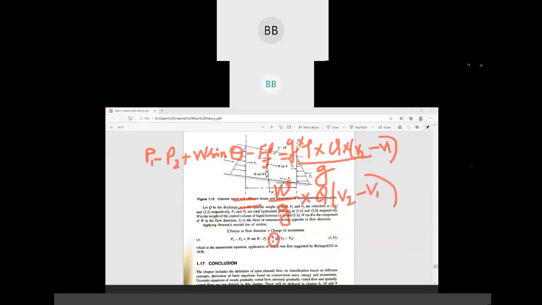So this is your momentum equation: the force terms including W sin theta minus friction force is equal to specific weight divided by gravity multiplied by discharge multiplied by change in velocity. If you have any doubt regarding this derivation, you can ask me now.